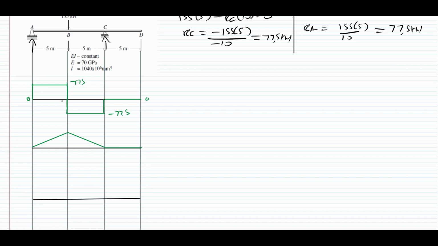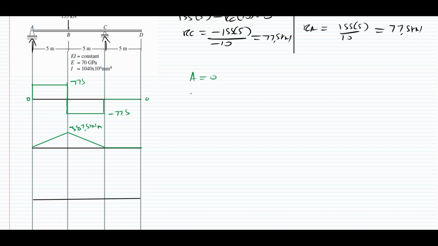So it's going to be 77.5 times 5, which is 387.5 kilonewton meter. You can write it down if you want, or you have to write it down because this one is important. The shear force you don't need to write down, but your bending moment you need to write down.